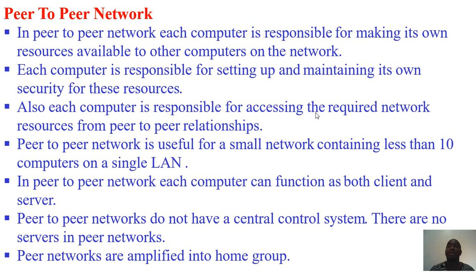In peer-to-peer, a computer can be either a client or a server, but you cannot be a client at the same time as a server. You use them interchangeably depending on the resources that are required. So with that, you can check on the other factors.